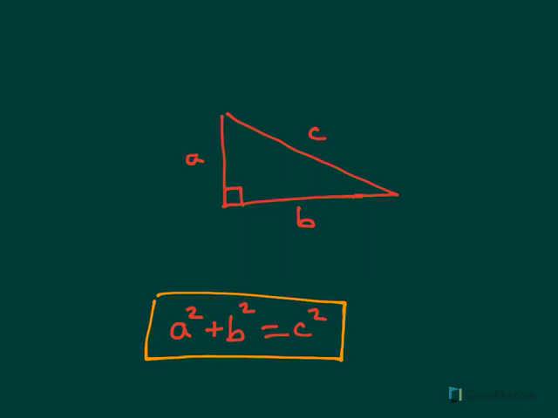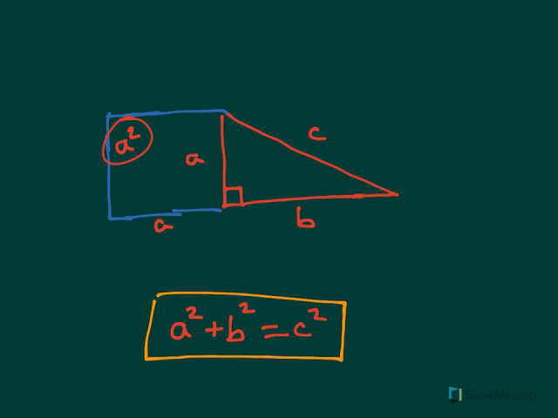What this is actually describing as a geometric relationship is, if you look at side A, and let's say you built a square off of side A, and you looked at the area of that square. Since the dimensions are A by A, then the area would be A squared.